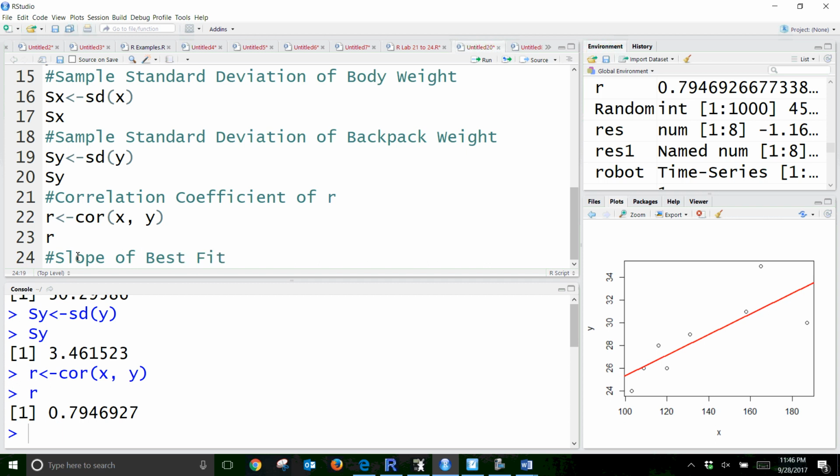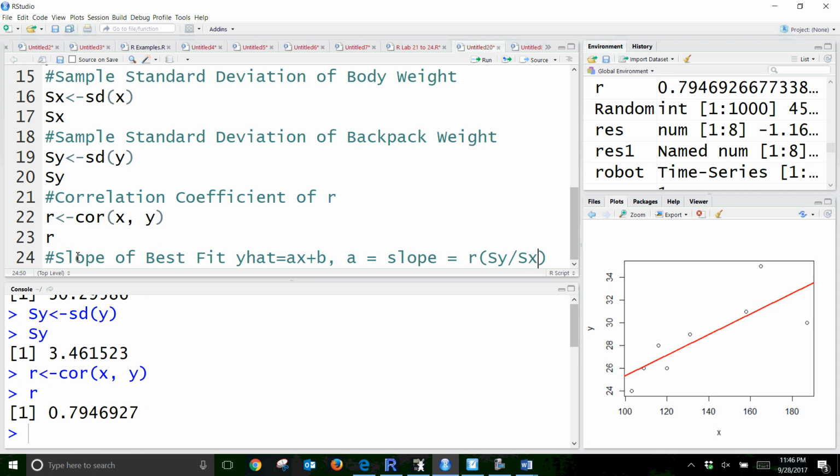Again, we're using the least squares regression line, where y hat is going to equal ax plus b, where a is equal to the slope, which is equal to r times s sub y divided by s sub x.